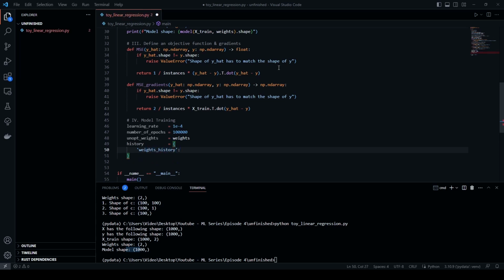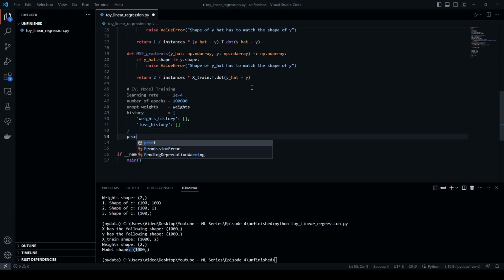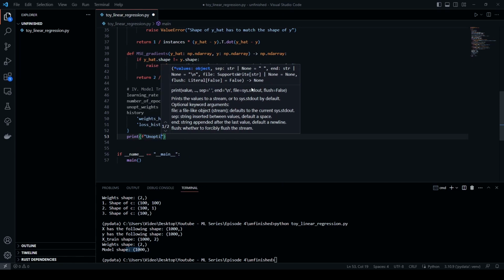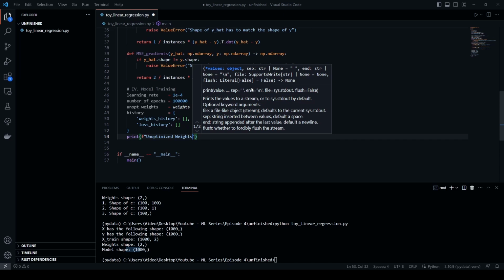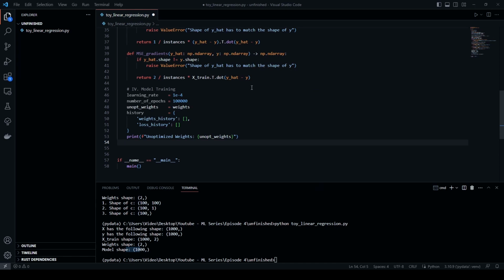For the history, we want to record some values during the training. One thing we want to store for each epoch is the weights, because later on we will plot a few weights and see how our training evolved. So the loss history: we just use 2 empty lists in a dictionary. And let us also print the unoptimized weights, just to compare with the weights after the training.